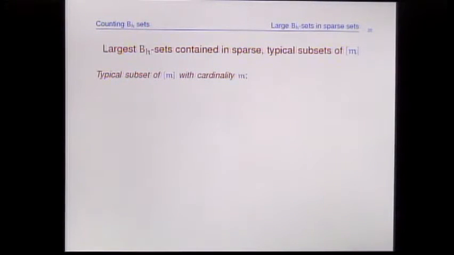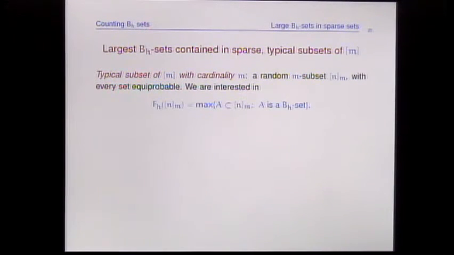So again, I'm interested in typical subsets of brackets n with cardinality m. This is what I called brackets n m previously. So I pick one at random. And now I ask, how big a BH set can we find inside this random set?